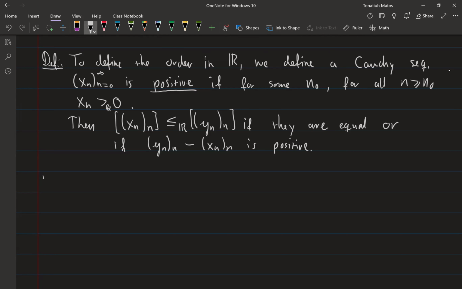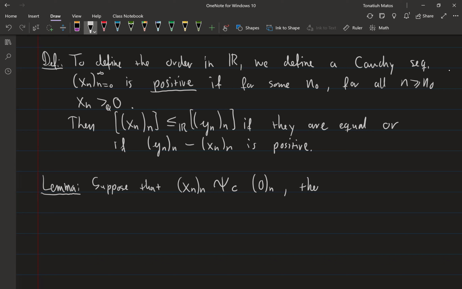Let me add another lemma that you might find useful, and this will work as both practice and it will also simplify your task, right? So suppose that we have a real number. So we have a sequence xn that is not equivalent to the sequence 0, the rational number 0, essentially, right?